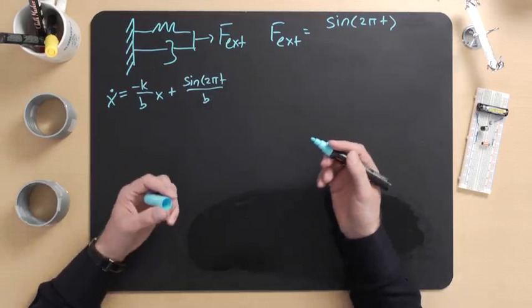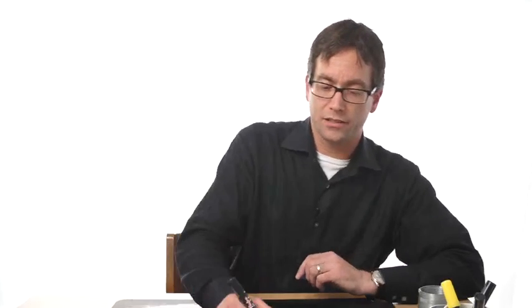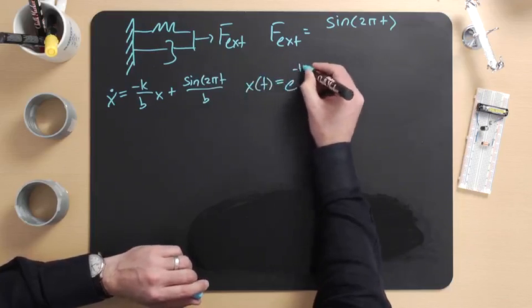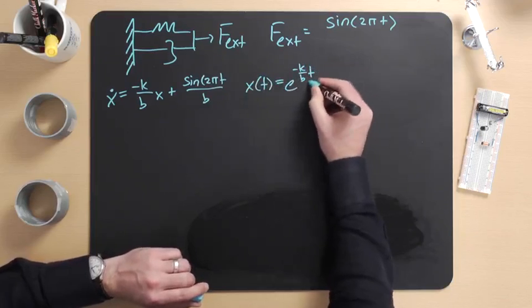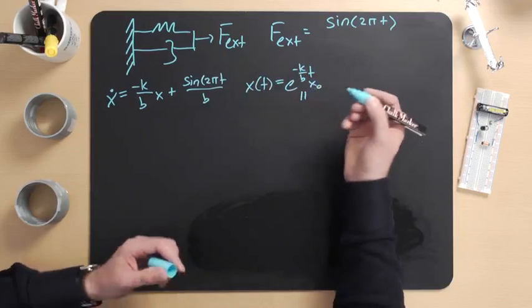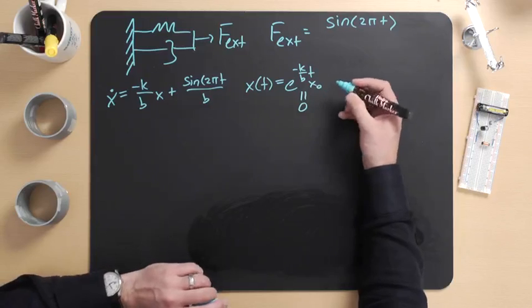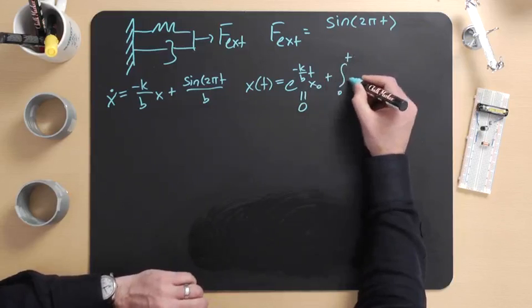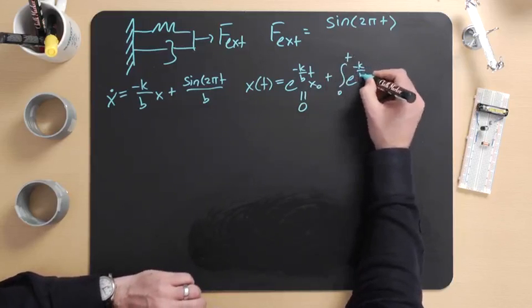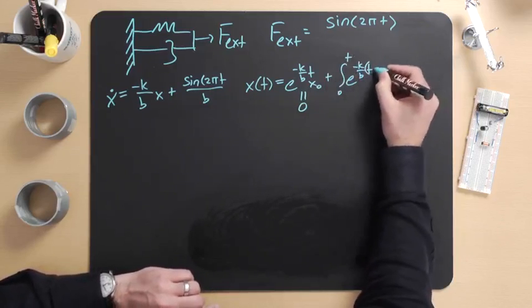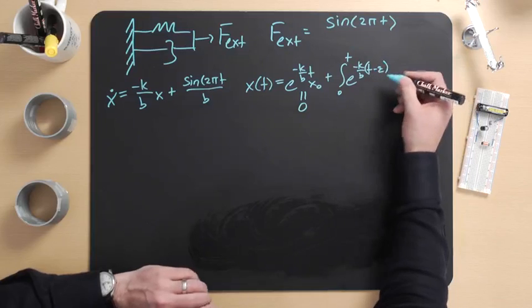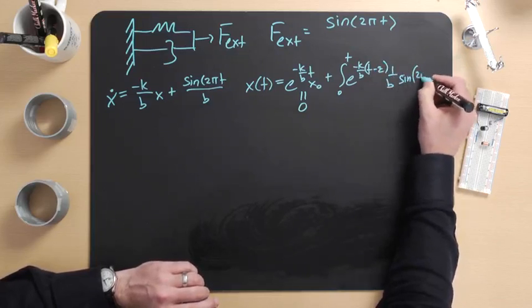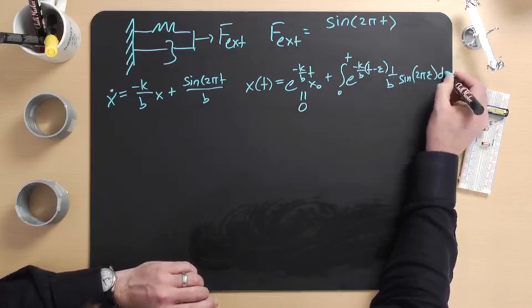Now, the convolution equation means that this ODE has the solution x of t is equal to e to the minus k over b t times x naught, which we know is equal to 0 because x0 is equal to 0, plus the integral from 0 to t of e to the minus k over b (t minus tau) times 1 over b sine 2 pi tau d tau.